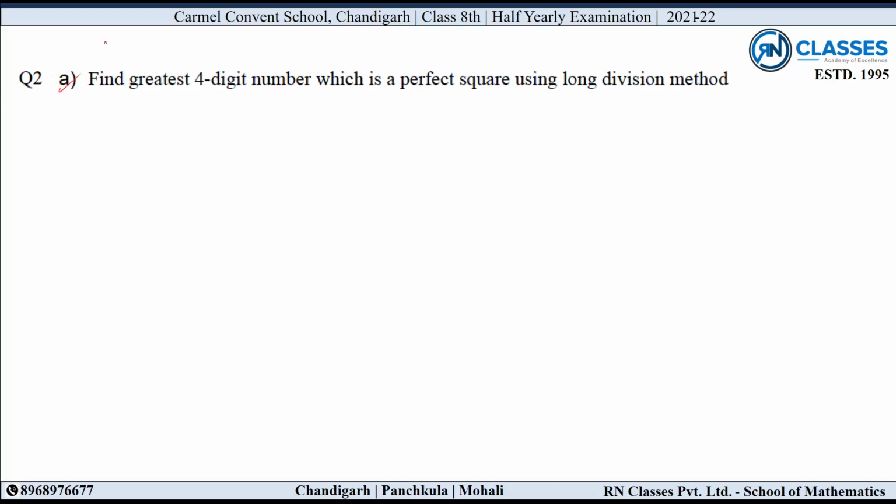Part A is there. Find the greatest 4-digit number, which is a perfect square. Perfect square होना चाहिए using long division method. Okay, long division method we have to use, perfect square bhi hona chahiye and greatest. So we'll start with greatest 4-digit number.